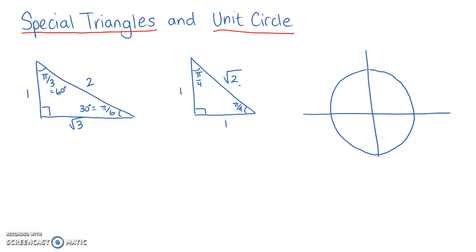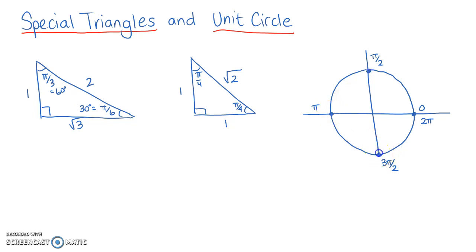The unit circle helps us with a few of the other angles as we go around that we don't necessarily use triangles for, but the unit circle helps us to visualize. We know that these angles, 0, 90, 180, 270, and then all the way back around for 360, can be written in terms of radians as I've written them there. Each of these on the unit circle has a coordinate point.